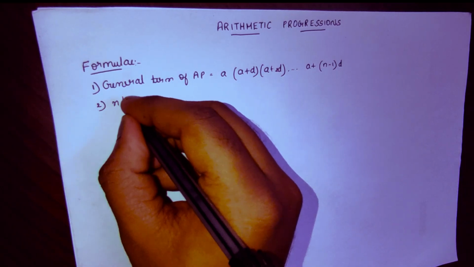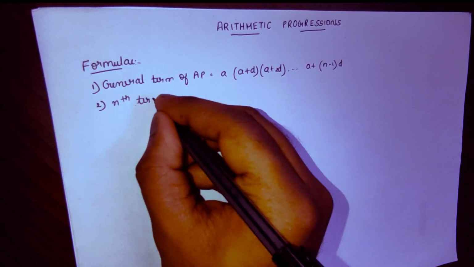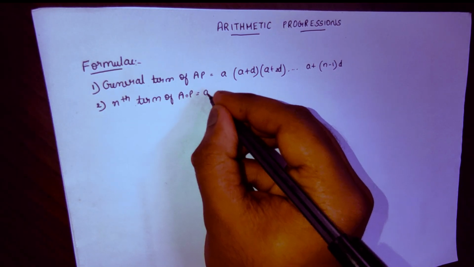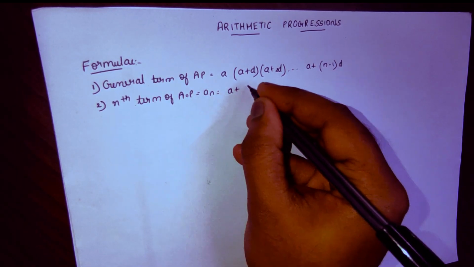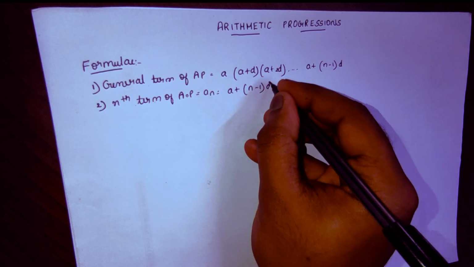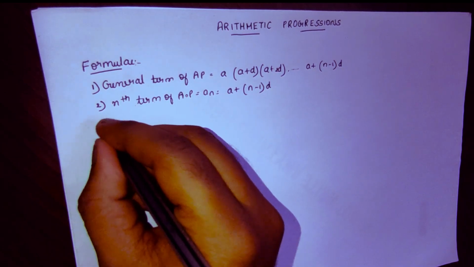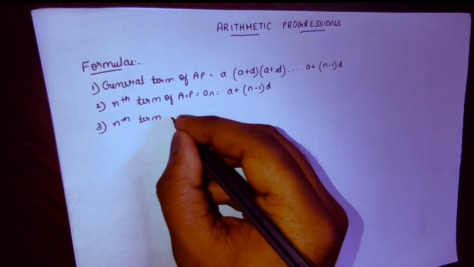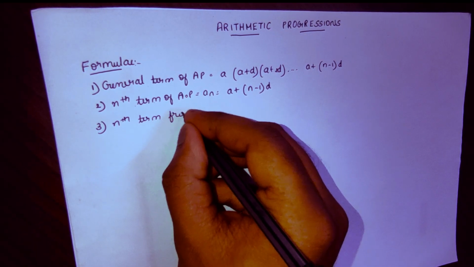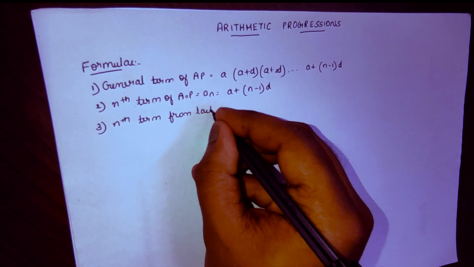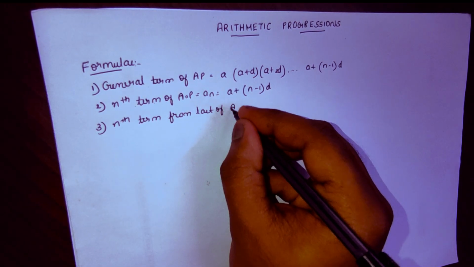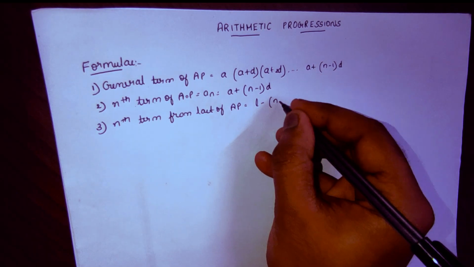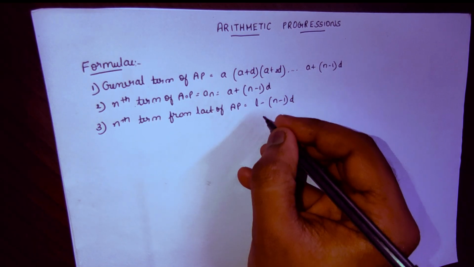Nth term of an arithmetic progression: an is equal to a plus (n minus 1) into d. Nth term from last of an arithmetic progression is equal to l minus (n minus 1) into d.